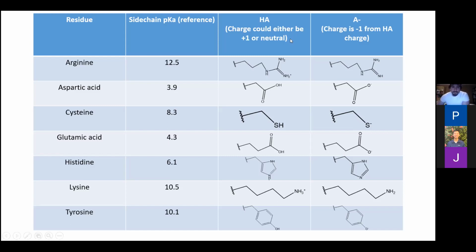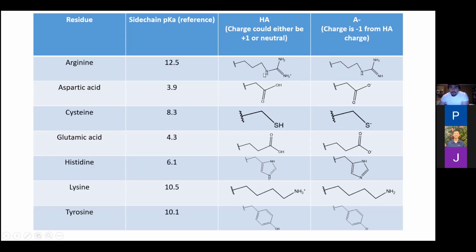So arginine, aspartic acid, cysteine, glutamic acid, histidine, lysine, and tyrosine. And here are the base pKa values, and here are the structures in both forms. People often ask which one is HA and what's A minus, so I drew the structures here. Any questions?